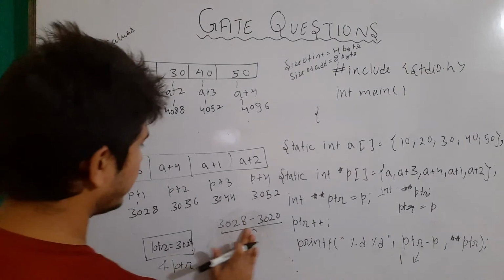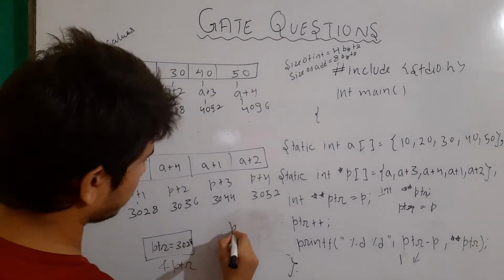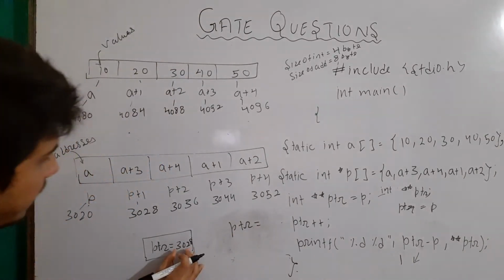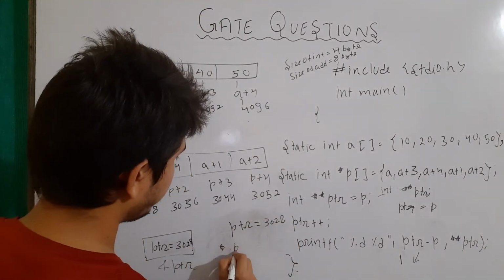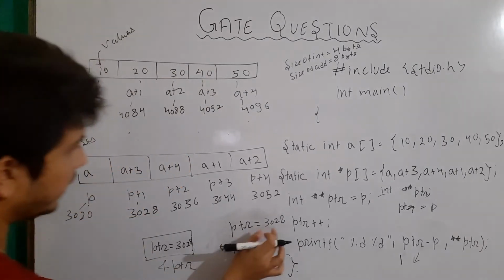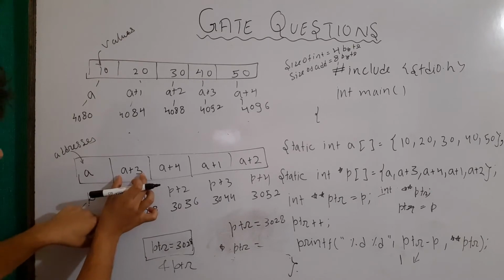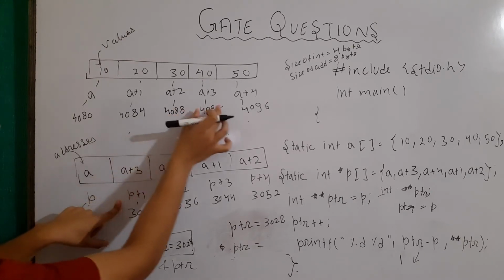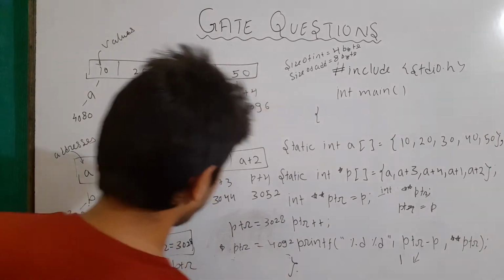Now let's see here. First of all ptr, right, ptr is giving me the address as 3028. Asterisk ptr will give me what is present in this address, okay. So what is present in this address, it will give us output as a plus 3, and the a plus 3 here is 4092. So it will give me 4092, okay.